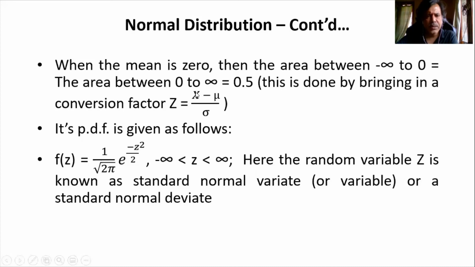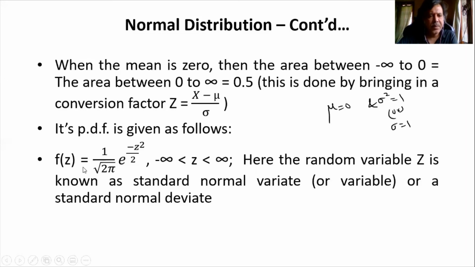By using this, we can convert most probability distributions to the standard normal distribution. The probability density function is given as 1 by square root of 2 pi, and sigma is missing because sigma is 1 now. Here mu is 0 and sigma square is 1, so sigma is also 1.